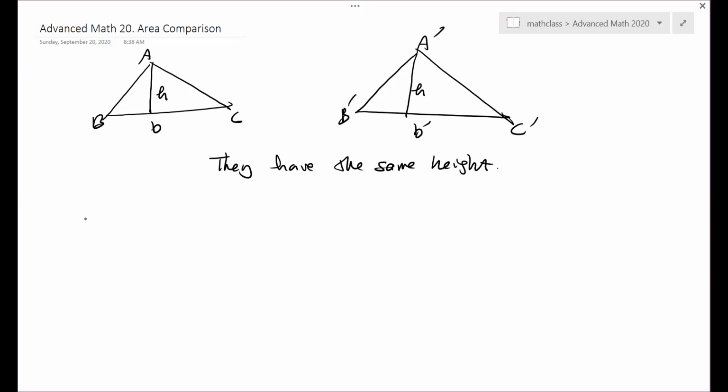Now, for the area of this triangle ABC, it's going to be half of B times H, right?